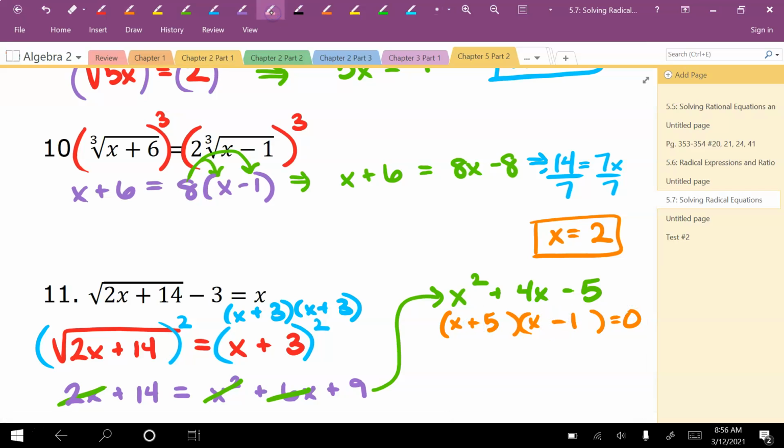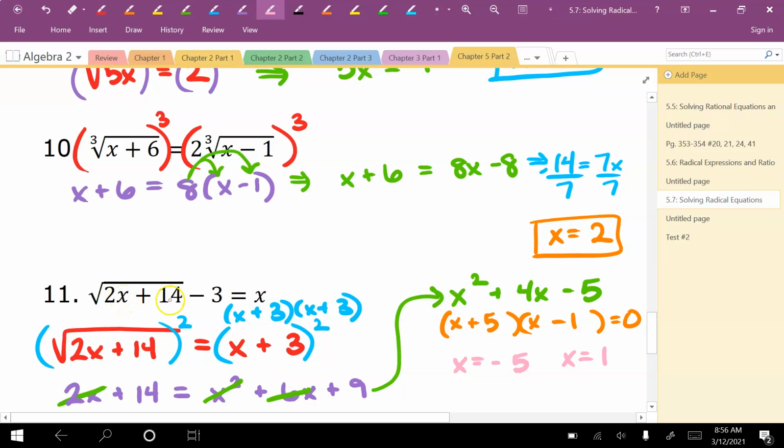So then when I set those equal to 0, my options are to have a negative 5 or to have a positive 1. So remember now we got to test this here. And you can either go back to the very original equation or you can go back to the one that we rewrote before we started solving it. So if I test negative 5 here, 2 times negative 5 would be negative 10.